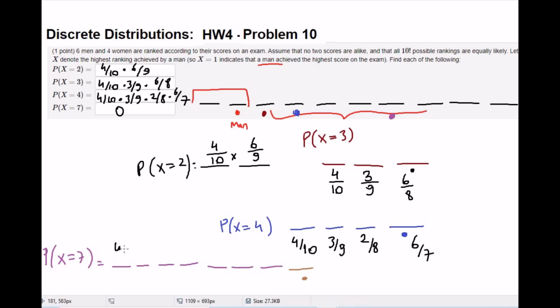So this is going to be 4 out of 10, 3 out of 9, 2 out of 8, 1 out of 7, and it is exhausted, 0 out of 6. We don't have 7 women. We have to have at least 7 women to fill this gap. So this multiplies everything by 0.